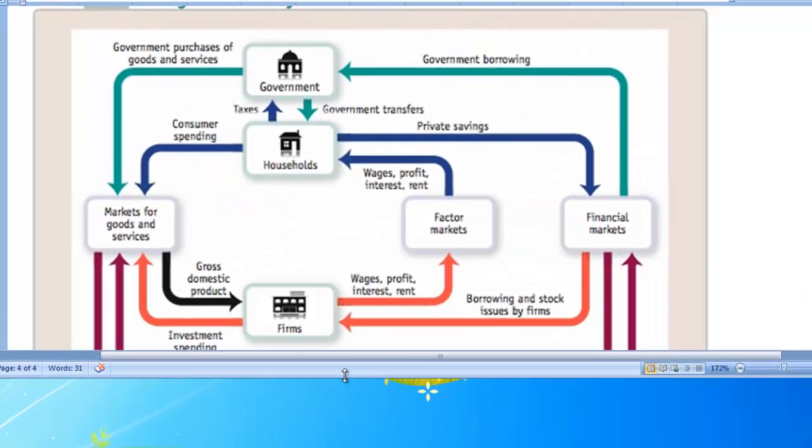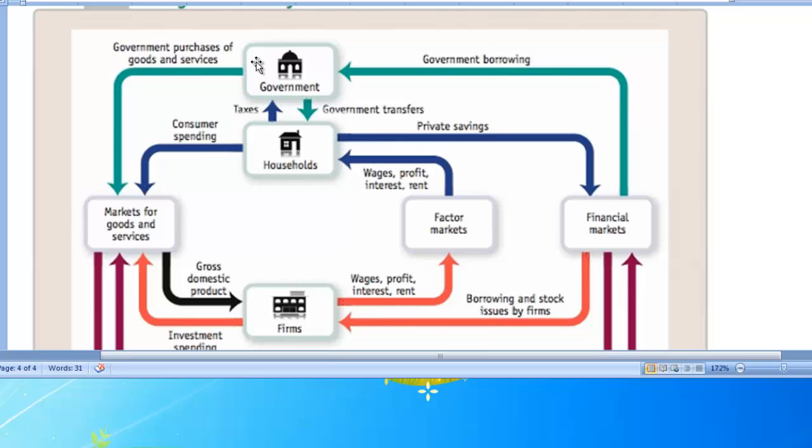When we expand the economy to include the household sector, the firm sector, plus the government sector, we have added an additional sector of the economy. Government engages in government spending in the form of government purchases of goods and services, and government receives funds in the form of taxes.